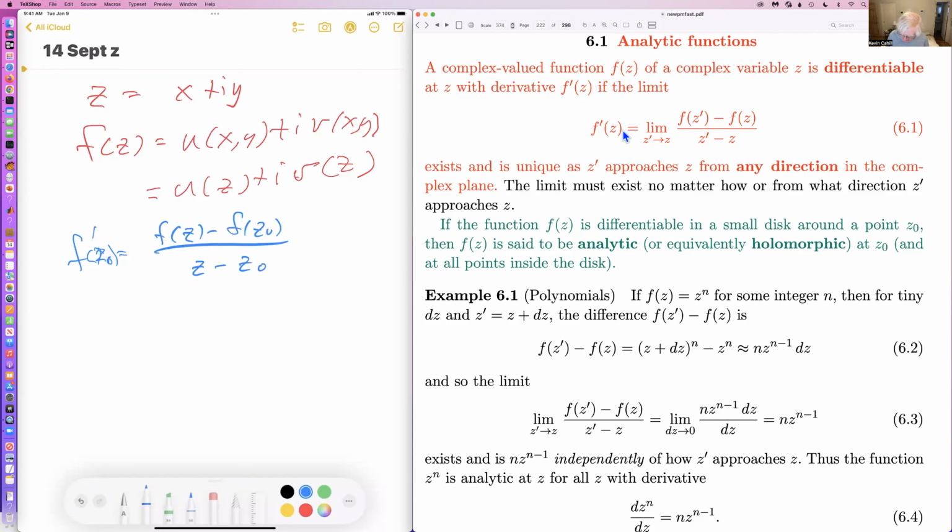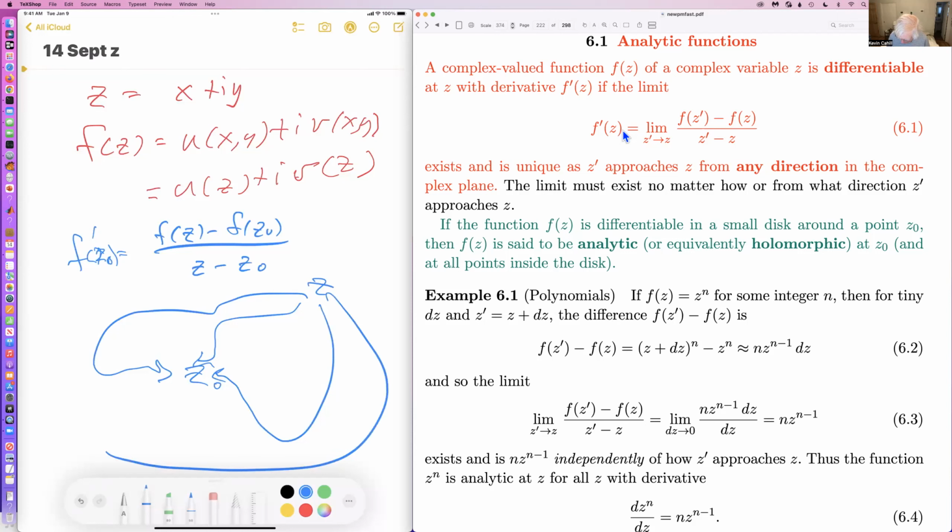This limit should exist no matter how z approaches z0. So z could go like that, or z could go like this, or z could come in like this, or z could come around and go like that. So no matter how z approaches z0, this limit has to exist and be unique. Then we say that the function is differentiable at z0.